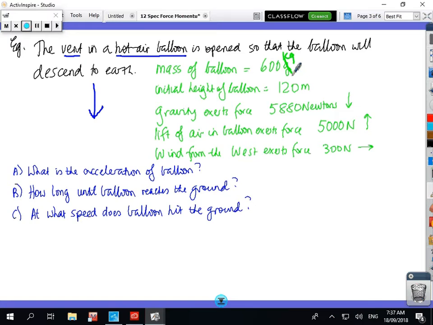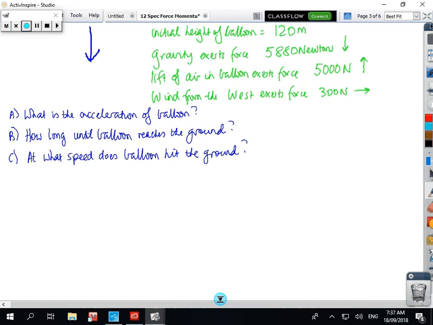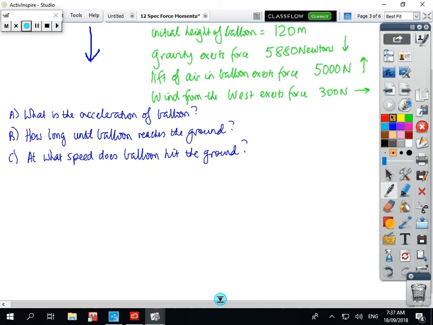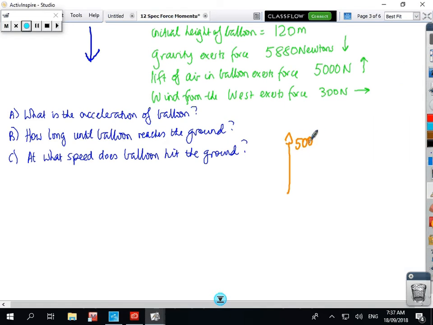So we're going to go back to our vector days, and we're going to look at the vectors that are acting on the balloon. The forces. So we've got 5,000 newtons up. The balloon's here. We've got 5,800, sorry about that, that's just 5,800, and then we have a wind acting at 300.